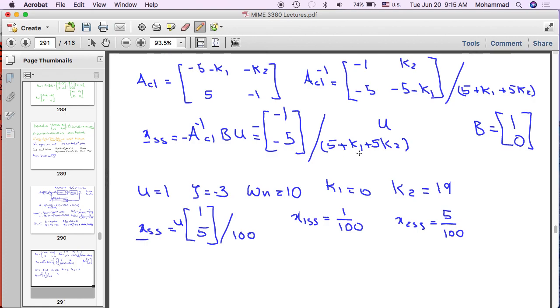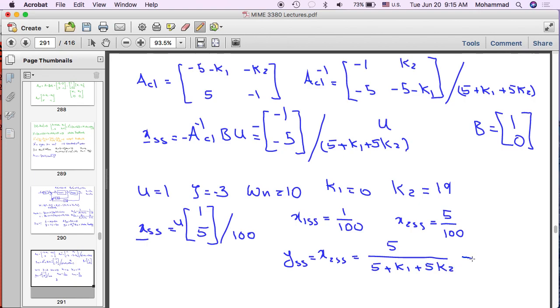So the general form, because y is x2, y steady state, which is the same as x2 steady state, according to our calculation is equal to 5 divided by 5 plus k1 plus 5 times k2.